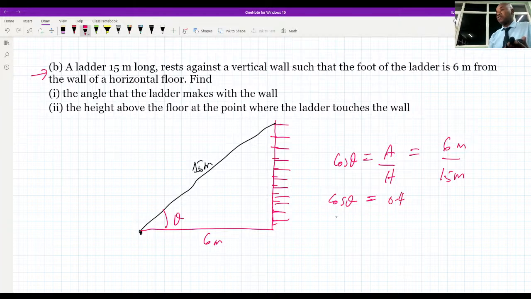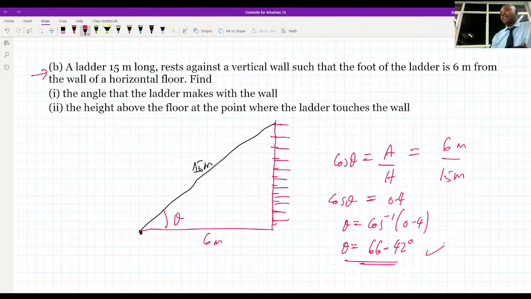So you're going to read it from the mathematical table. Theta is cos inverse of 0.4. And when you find cos inverse, you get 66.42 degrees. So that is the angle.